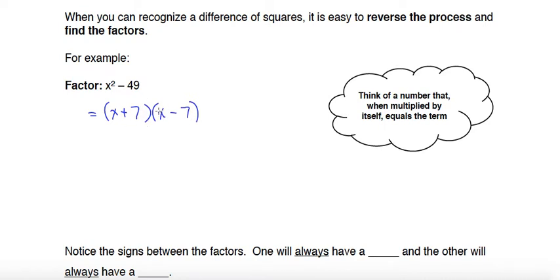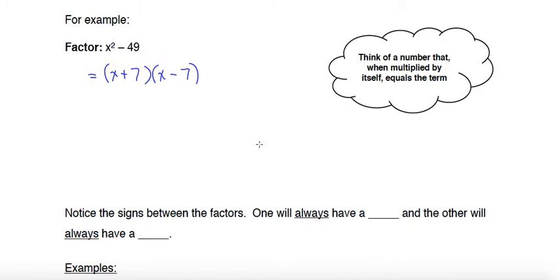You could check this by reversing the process, by foiling it out. We've done a lot of that in this unit, so I trust that you can do that on your own, and we'll keep going. We have to notice that for the signs between the factors, one will always be an addition, the other will always be a subtraction. So keep that in mind as well.